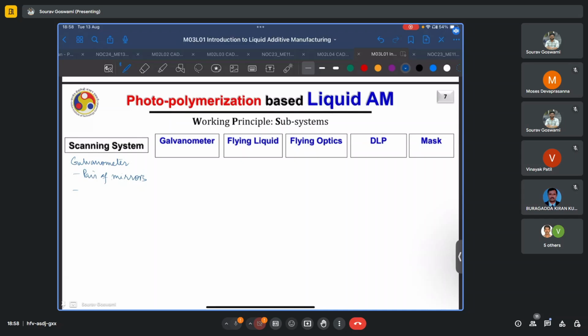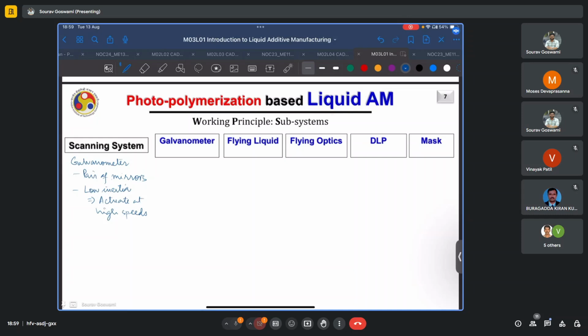Now, typically these mirrors will have very low inertia, which means that you can actuate them at great speeds. And by suitable motion of the two mirrors, you can cover the entire region of interest at a good speed. However, the scanning is still point by point, and thus it requires some finite amount of time.